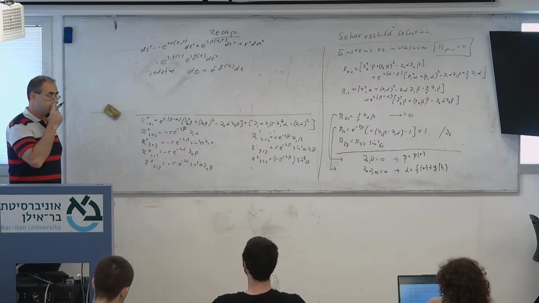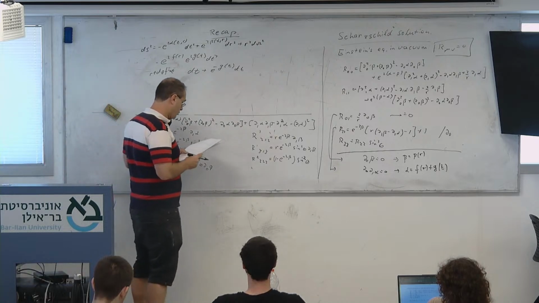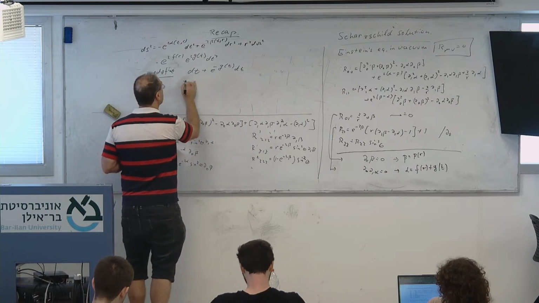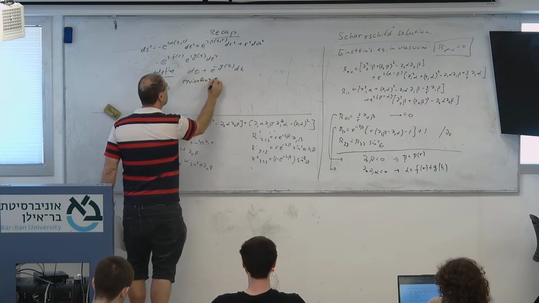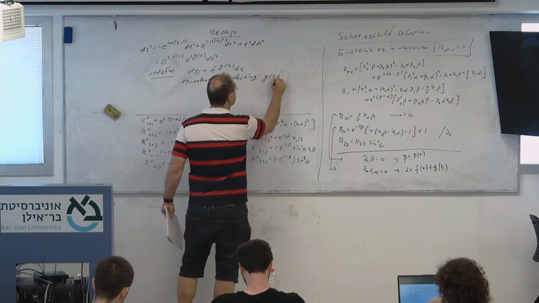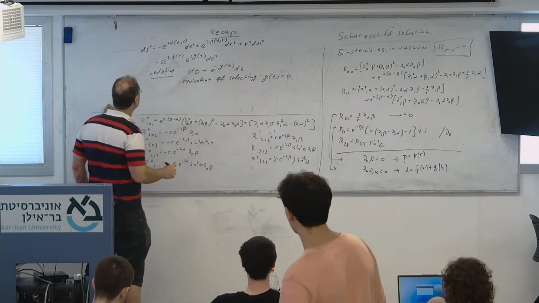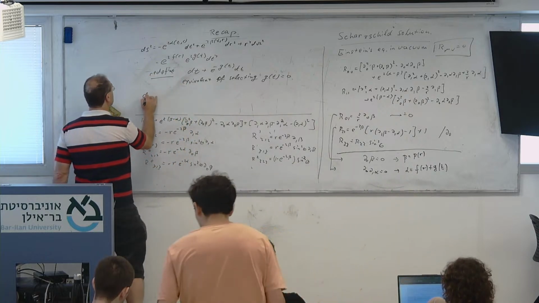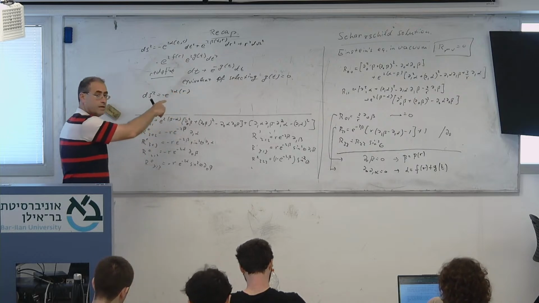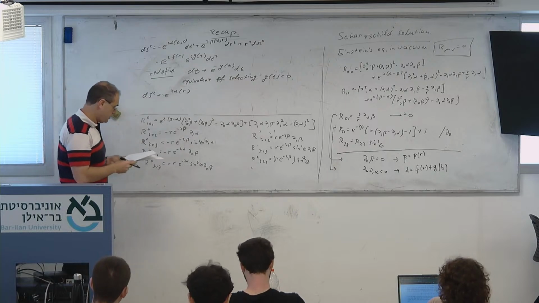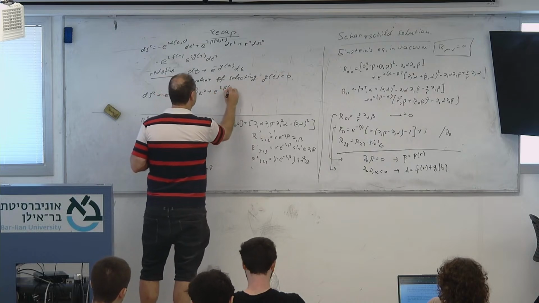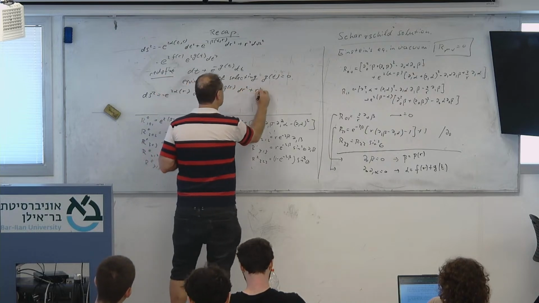So we're left with ds squared equals minus e to the power 2 alpha only of r dt squared plus e to the power 2 beta of r dr squared plus r squared d omega squared, and that's the meaning of static here.